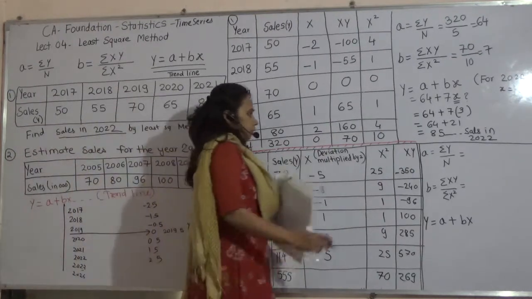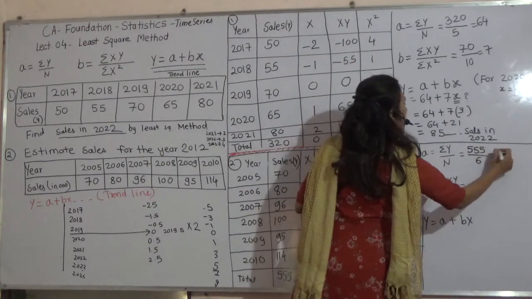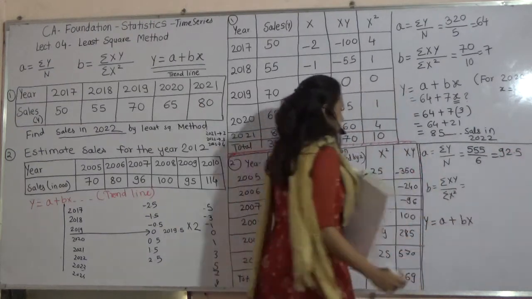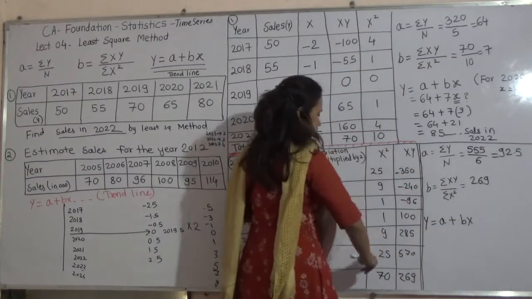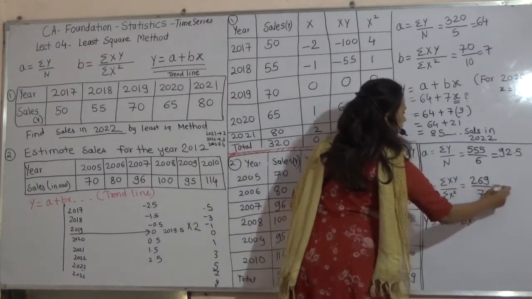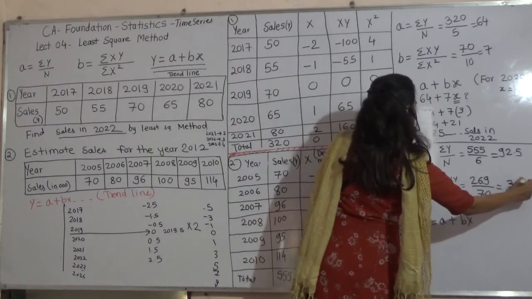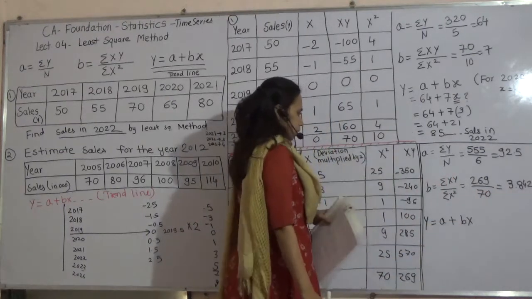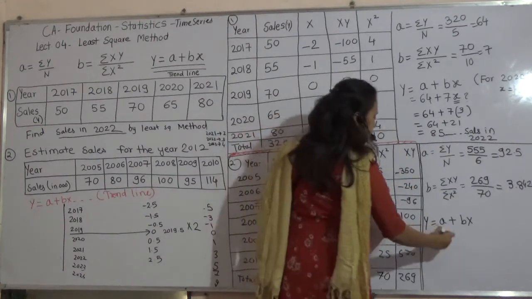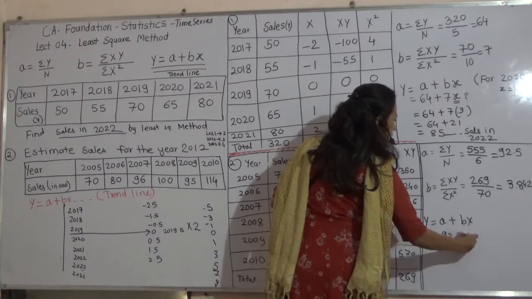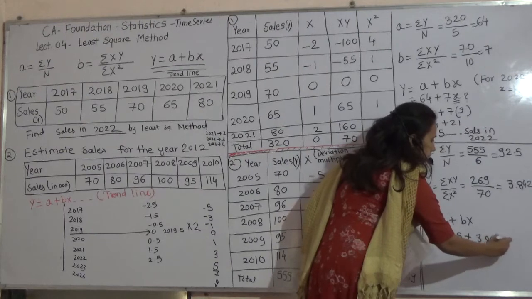That is 555 upon 6. Value comes 92.5. Then summation xy, that is 269 divided by x square is 70. That value comes 3.8428. Then put the value y is equal to a. A is your 92.5 plus b is 3.8428.